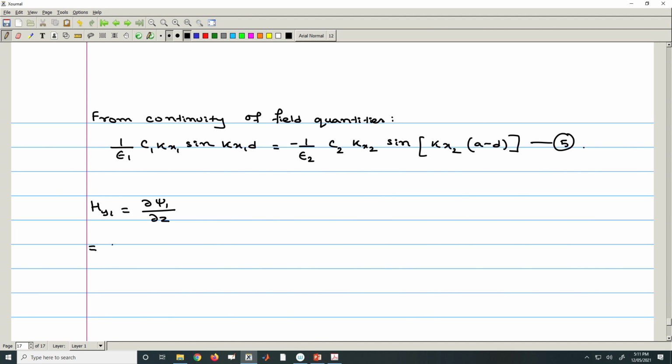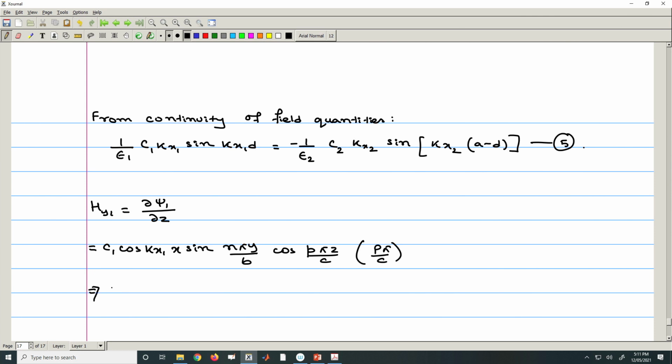So, we can write it like c 1 cos of k x 1 x sin n pi y upon b cos p pi z upon c, then p pi upon c.